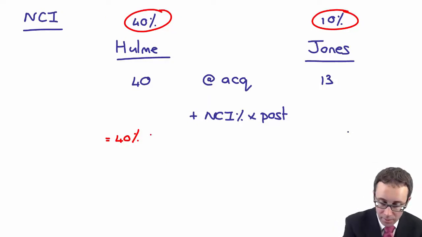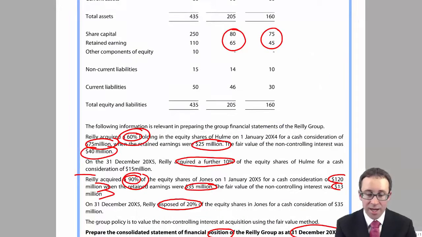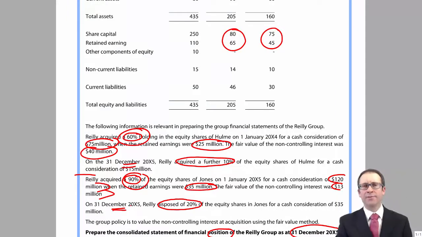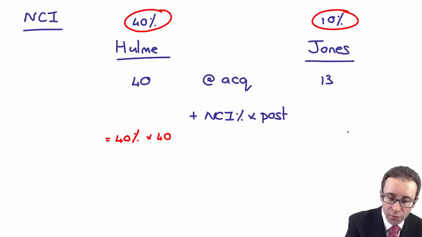Okay. The reason why we're looking at the full post-acquisition profits is because the change in ownership under both situations arose right on the very last day of the year. So we want to work out what the non-controlling interest is just prior to that year-end date, so the millisecond before the changes in ownership actually occurred. So 40% of 40 is there as 16.